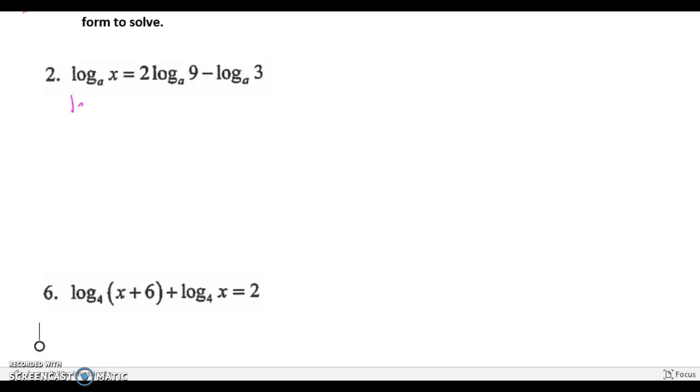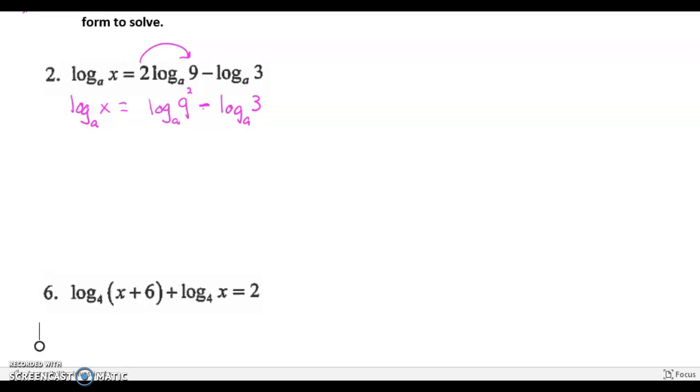So in number 2, this is tonight's worksheet, but you guys are going to do the odds. So I'll do a few evens here and there. The first thing we're going to do is start by condensing the right side. Let's move the squared back up over top of the 9. So we have log base A of 9 squared minus log base A of 3.